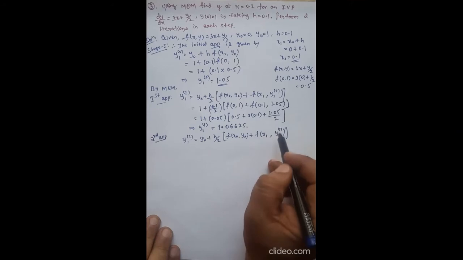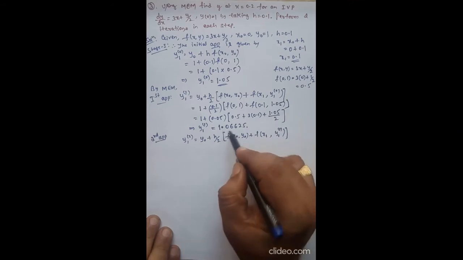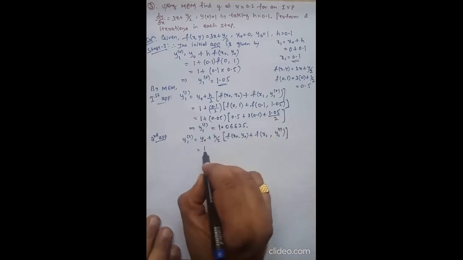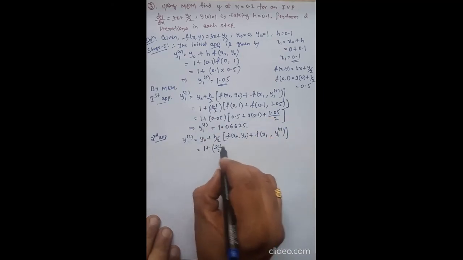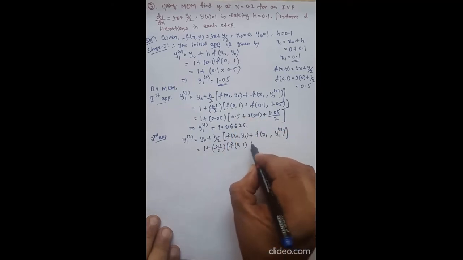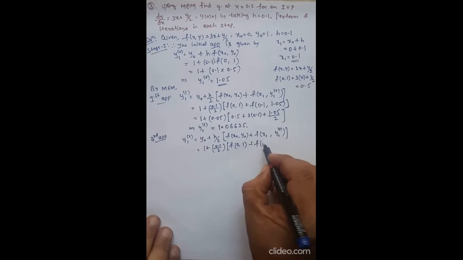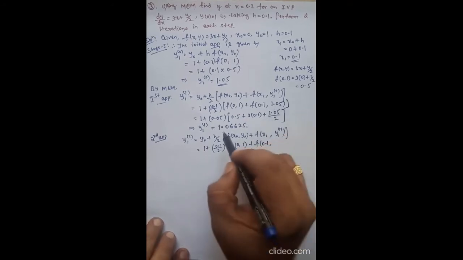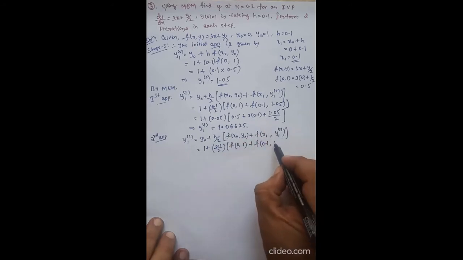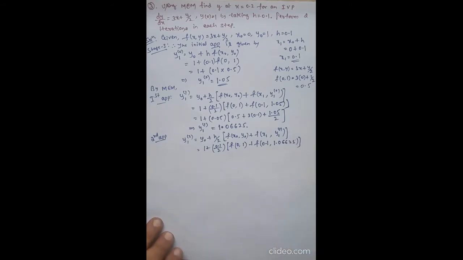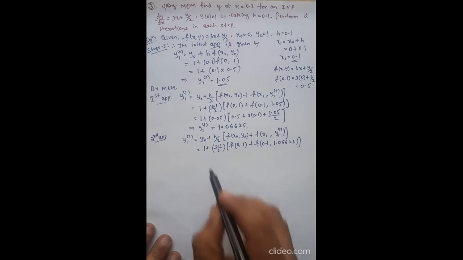So if you change this last value, you can get the answer for y1 power 2. So I'll repeat up to this. 1 plus 0.1 by 2 f of this is 0 comma 1 plus f of x1. x1 is 0.1 comma. So instead of this 1.05, we have to substitute first approximation, that is 1.06625. Right? So we will calculate now.